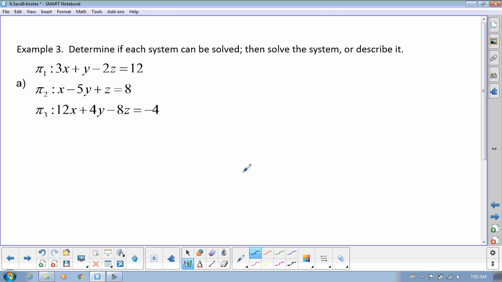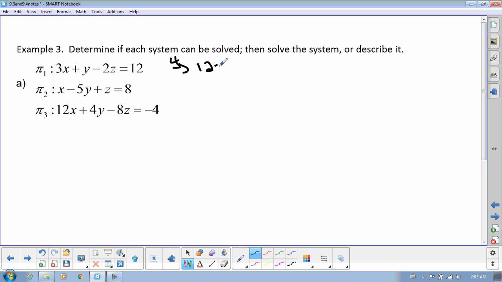Okay, so determine if each system can be solved, then solve the system or describe it. Okay, so I'm looking at this here. So I see 3, 1, negative 2, 1, negative 5, 1, 12, 4, negative 8. So I have 3x plus y. So the first equation and the fourth equation, they have normals that are multiples. So I'm going to multiply this equation here by 4.